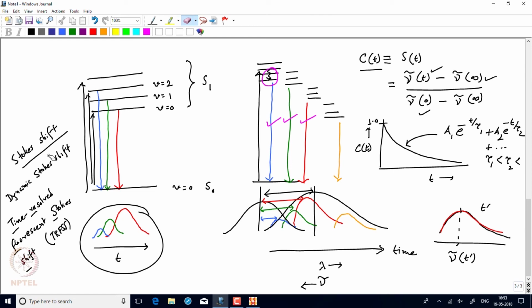So your steady state fluorescence spectrum actually is a time average spectrum of all these fluorescence spectra that originate at different times.